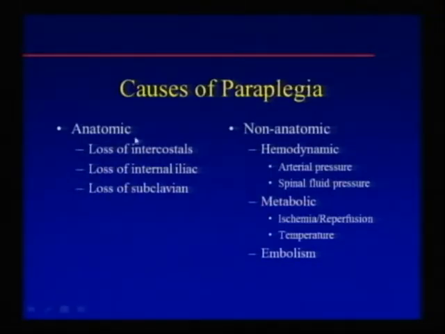So we have anatomic causes of paraplegia: loss of intercostals, loss of the internal iliac, loss of the subclavian. There are also non-anatomic causes: if the patient is hypotensive, if the spinal fluid pressure is high, and then the metabolic consequences of ischemia that render all of these effects permanent.